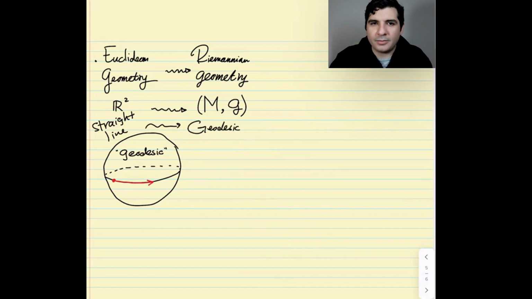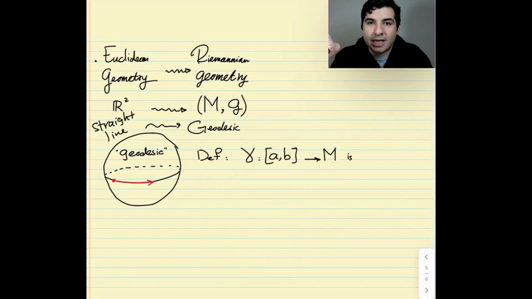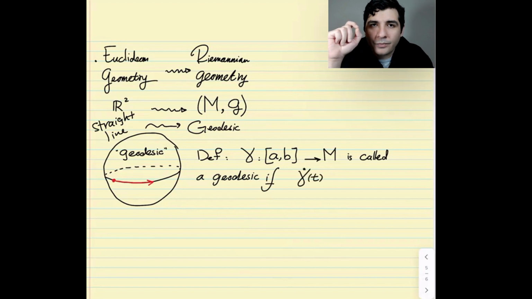How should we define them? Let's say gamma is a curve from some interval [a,b] to our Riemannian manifold M. I would say this curve is a geodesic, for instance, that great circle on the sphere is an example, if it has the same essential quantity as straight lines: if the derivative of the curve, gamma dot, is constant along the curve.